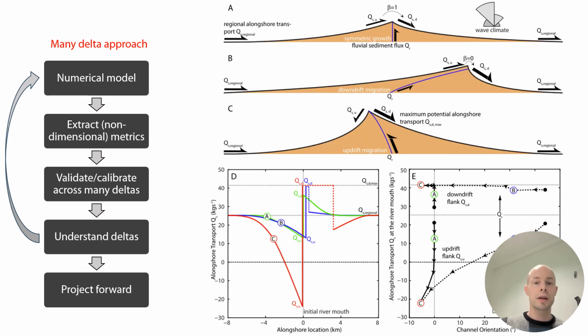So this is a complicated figure, not to dive into it too deeply, but just to illustrate that in this case we were able to tease apart all of these three different types that we have in terms of channel orientation.